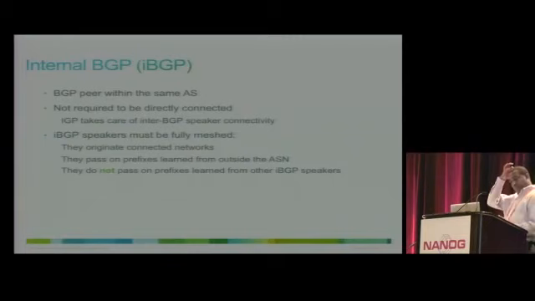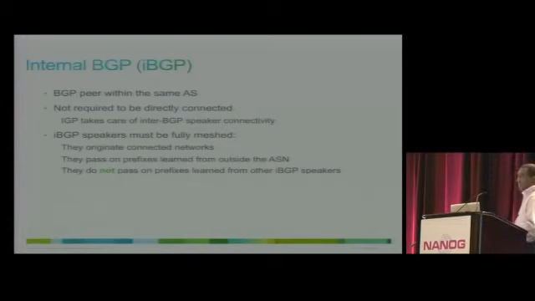So for iBGP, there is no need to have a direct connectivity between two routers. The connection between the routers is taken care of by IGP. So there is no need to have a direct connection, and it's not possible to have a direct connection because, as you will see later on, all routers within a single autonomous system have to be fully meshed or fully connected with all other routers within the same autonomous system.